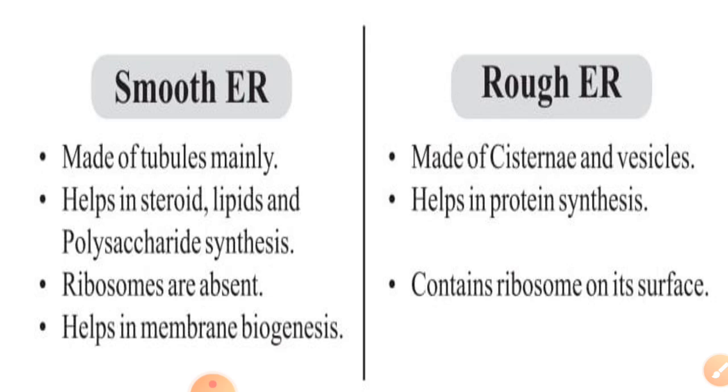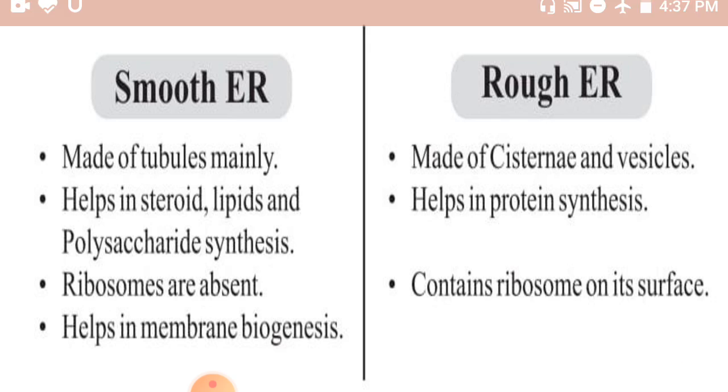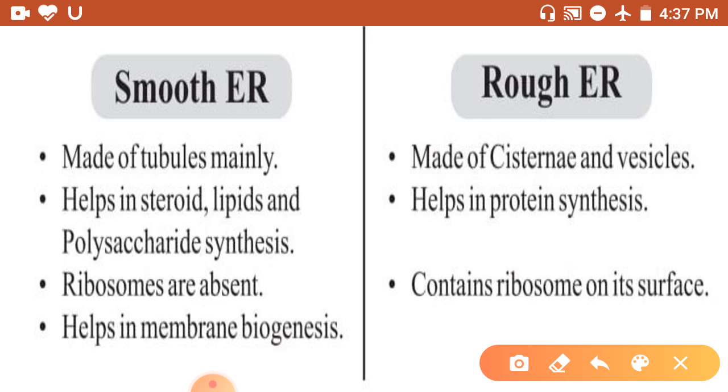Now we will differentiate between smooth endoplasmic reticulum and rough endoplasmic reticulum. Smooth endoplasmic reticulum is made of tubules mainly, means there are no dots.